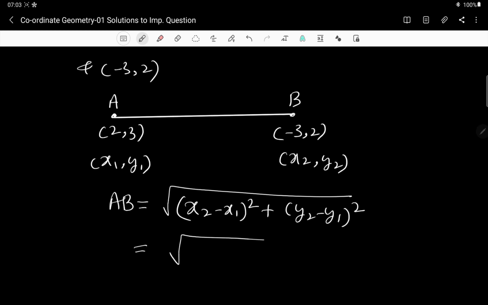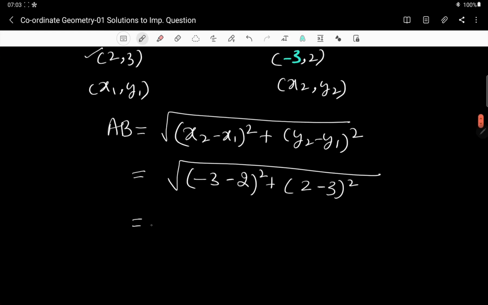All right, then I'm inputting all these values. X2 is minus 3, you can have a look here, then x1 is 2. X2 minus x1, then whole square, plus y2 minus y1 whole square is 2 minus 3 whole square.